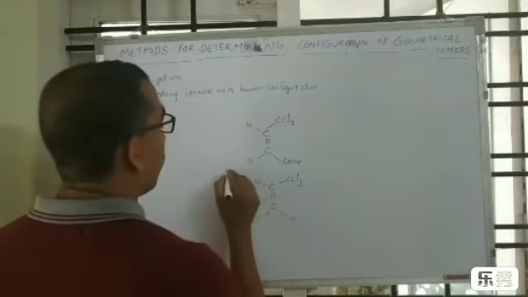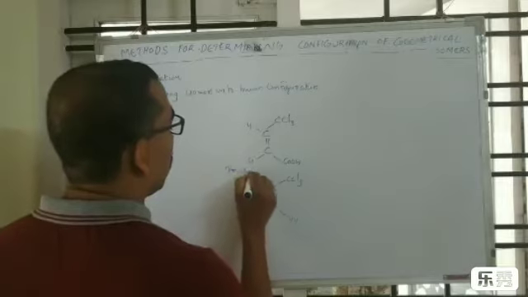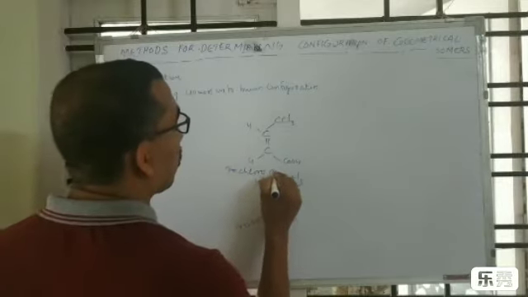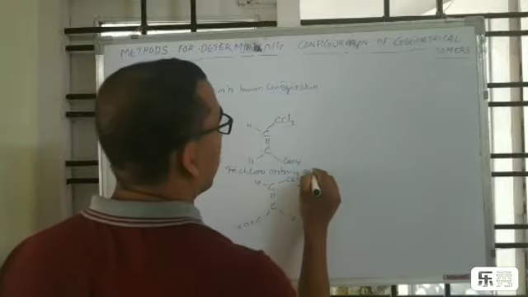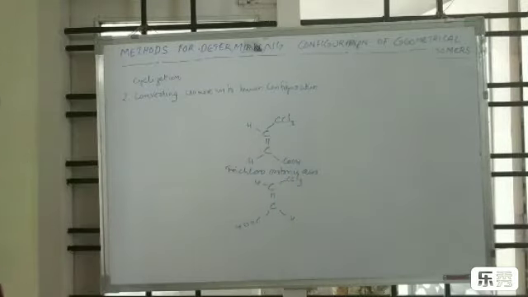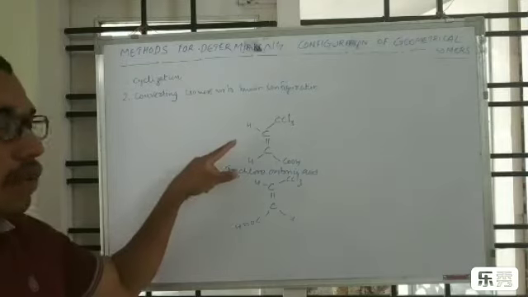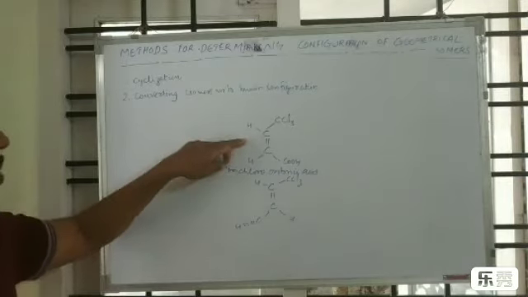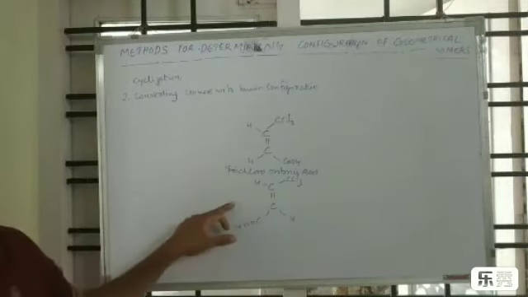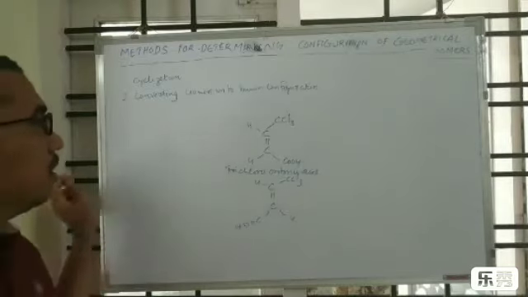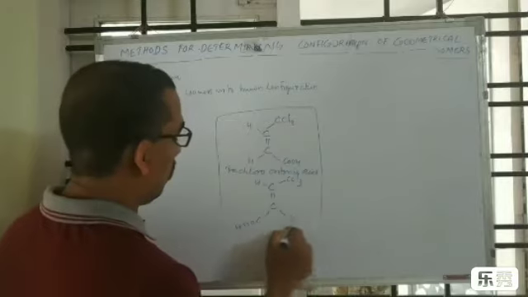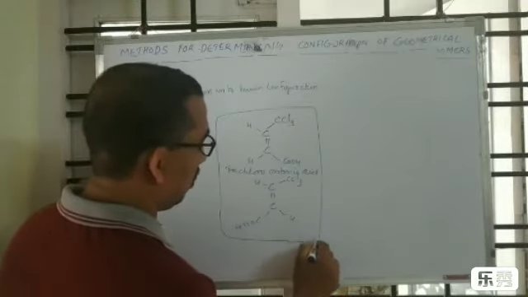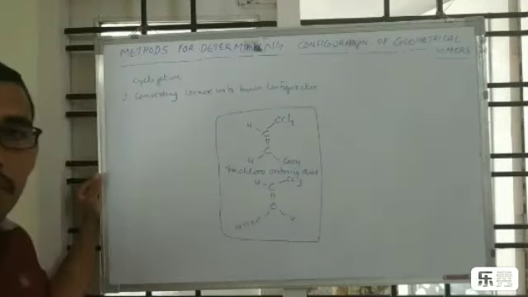this is trichlorocrotonic acid. In trichlorocrotonic acid, we know that this is cis variety, this is trans variety. So, assuming that we don't know the configuration of this trichlorocrotonic acid, we don't know the configuration.